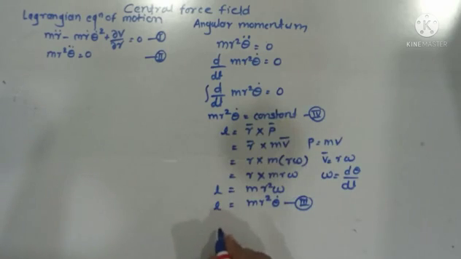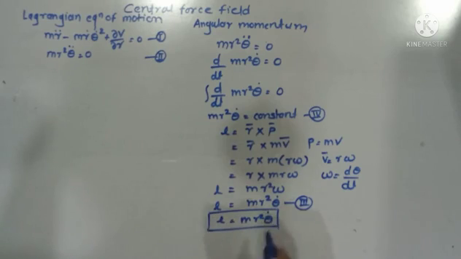I can write that L is equal to m r square theta dot. So this is the angular momentum.